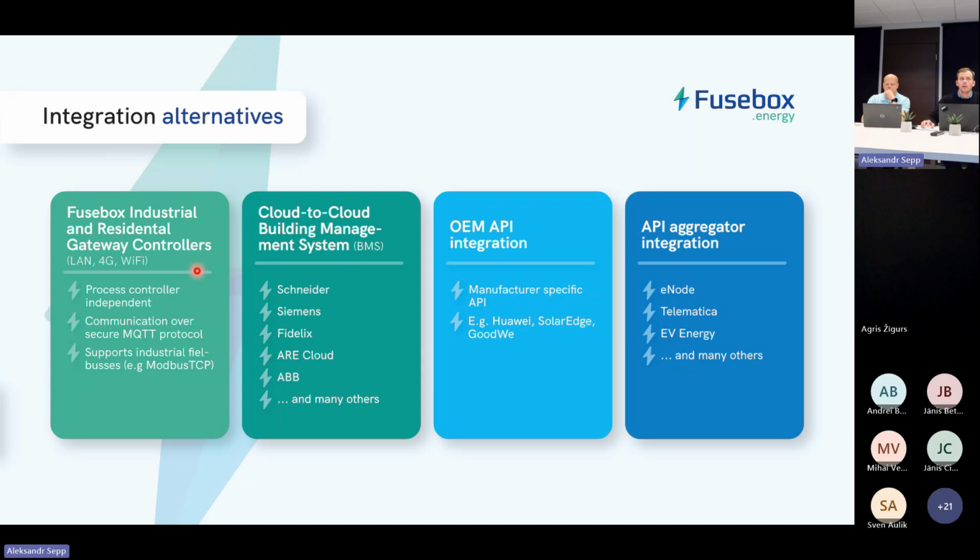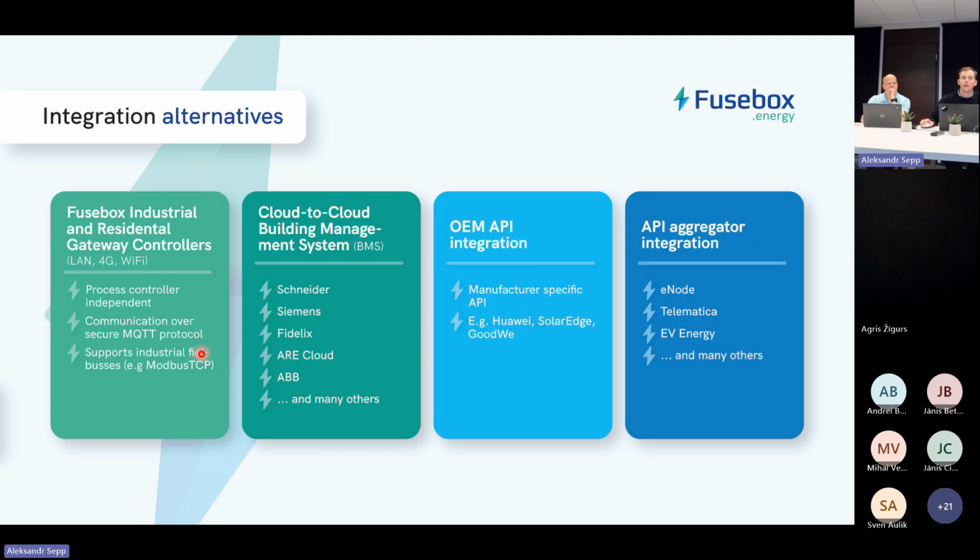We have a Linux-based PLC controller that is in-house, but we also have other controller producers with whom we have established an MQTT connection, and they can be used off the shelf as well. As I have already mentioned, the controller should be connected to the LAN, 4G, or Wi-Fi, so to the internet.